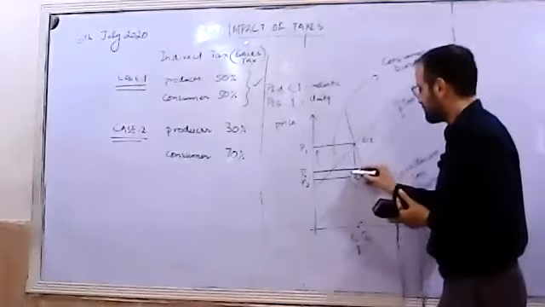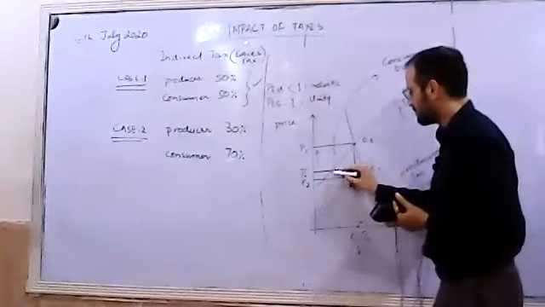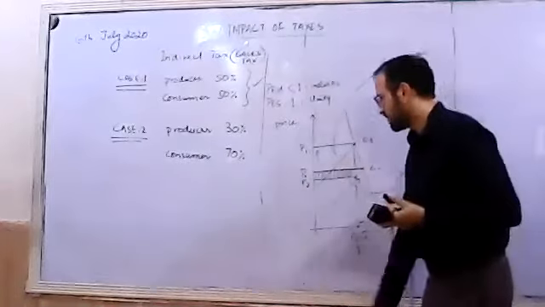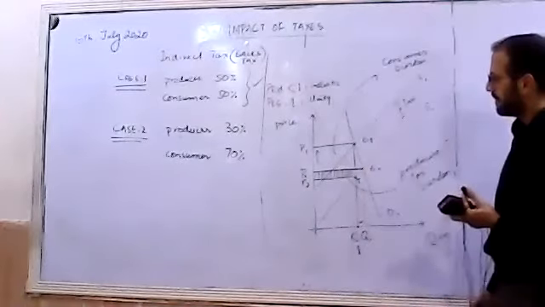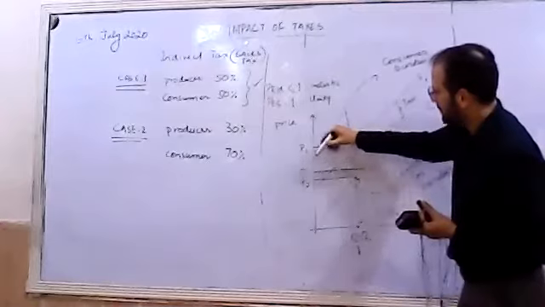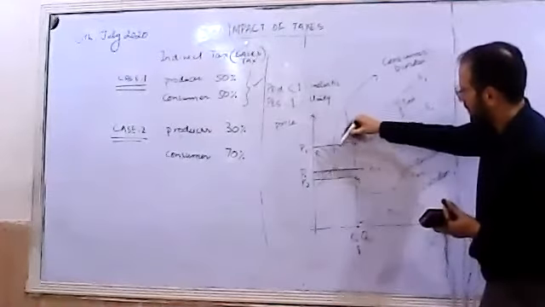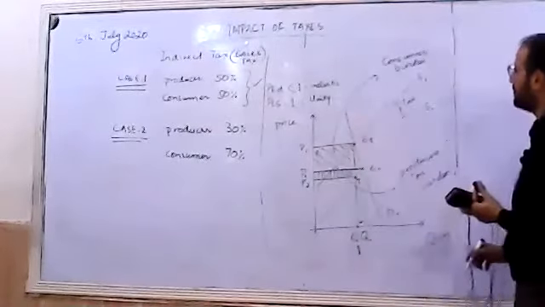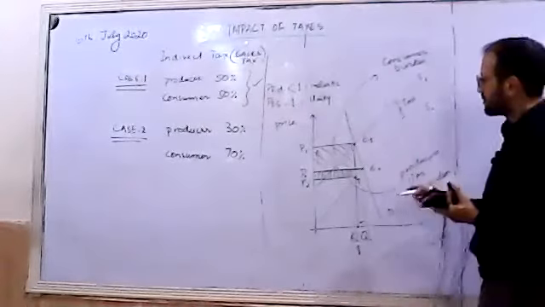Now we can shade just like we did before. This vertical shaded area shows the producers, and this diagonal shading is the tax burden for the consumer.